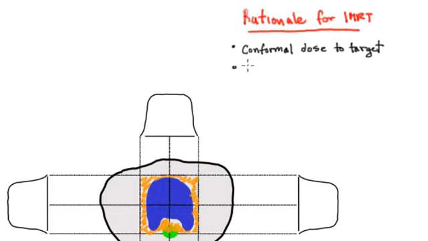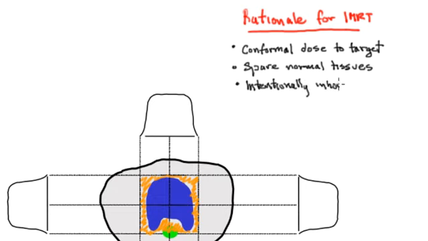Number two is it gives you a way to spare normal tissues, to deliver low dose at the same time you're delivering high dose to the target, which is something that's challenging in 3D. And then finally, you can intentionally provide inhomogeneous dose distributions, which is useful for doing boosts during treatment and so on.